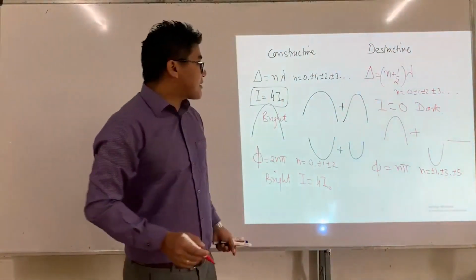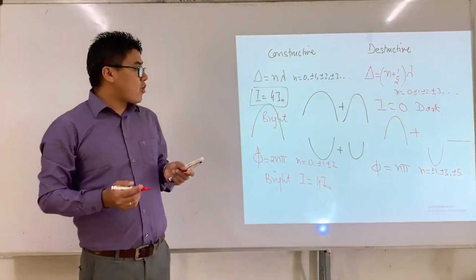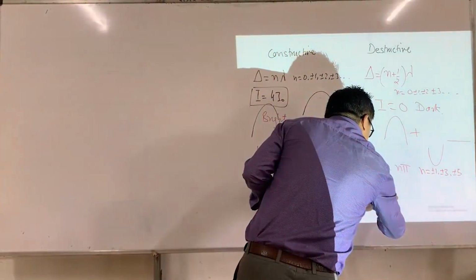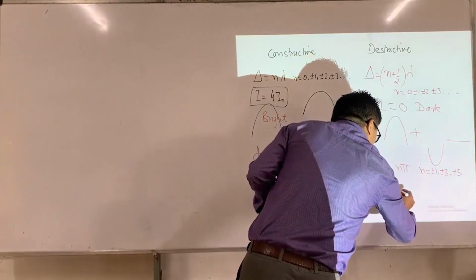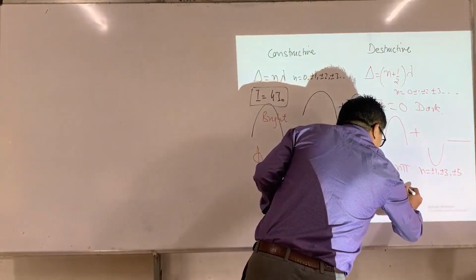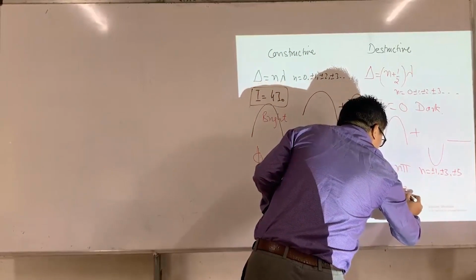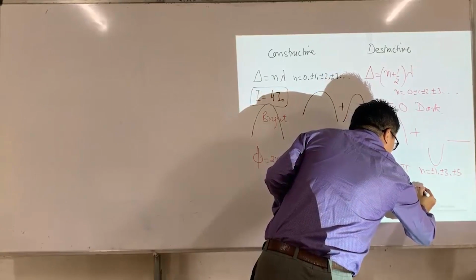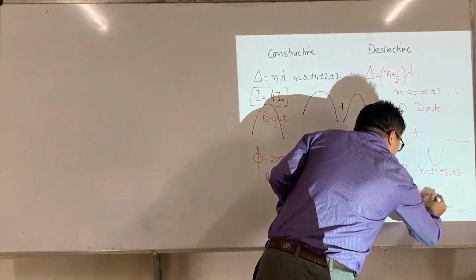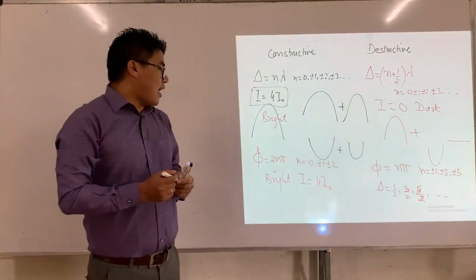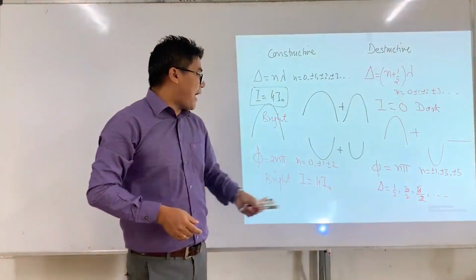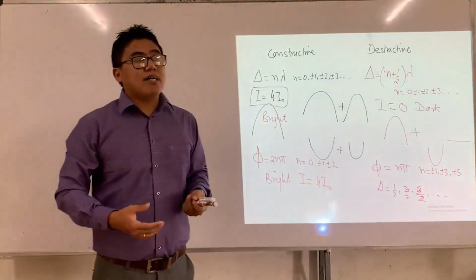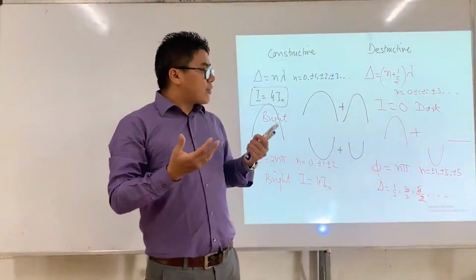That means the phase difference corresponds to a path difference which is fractional, could be a half, 3 by 2, 5 by 2, and so on. Therefore in one case the path difference is always n lambda, and in this case the path difference is always half lambda or 3 by 2 lambda.